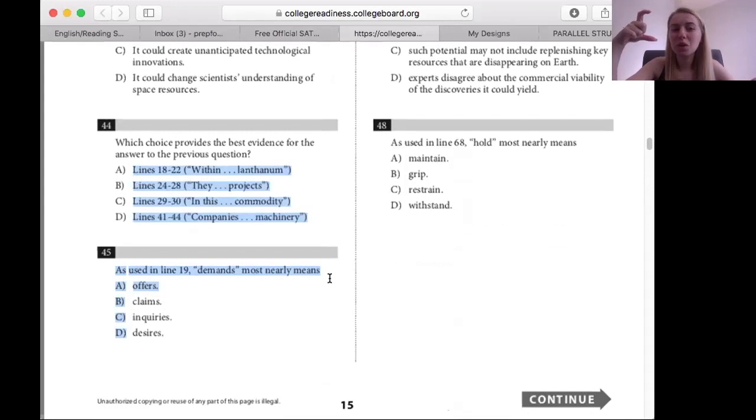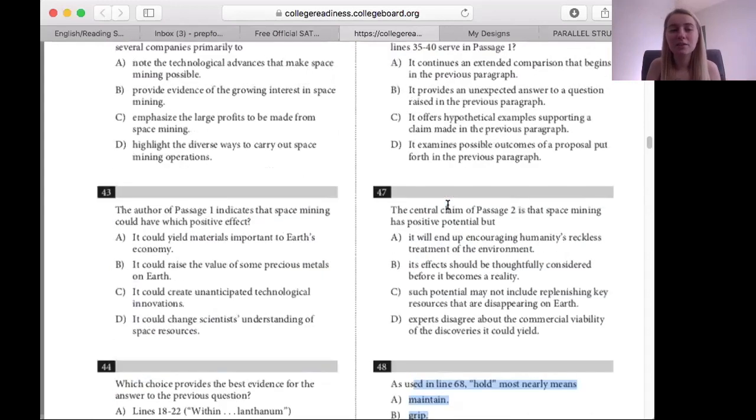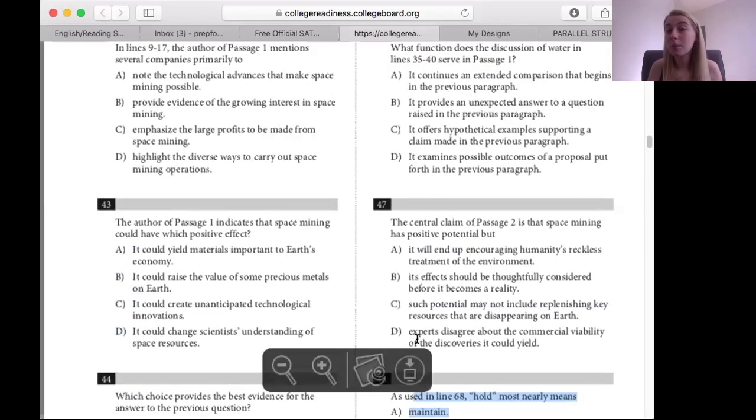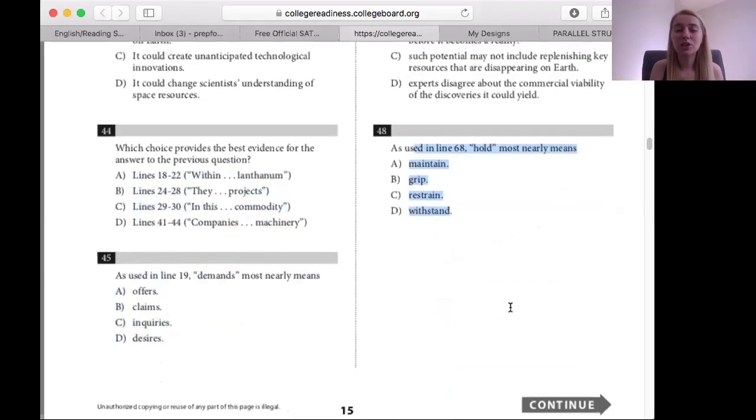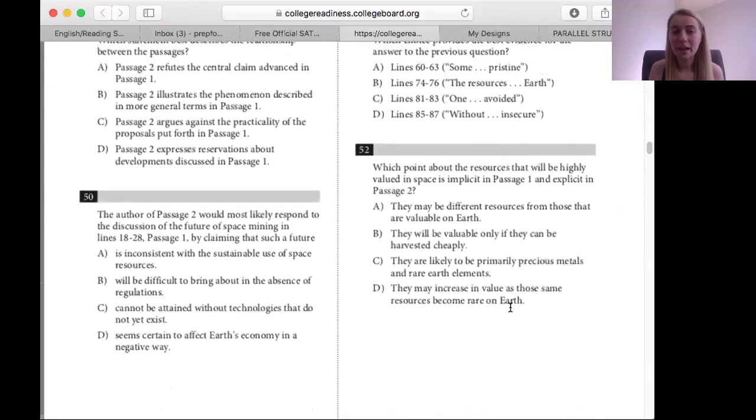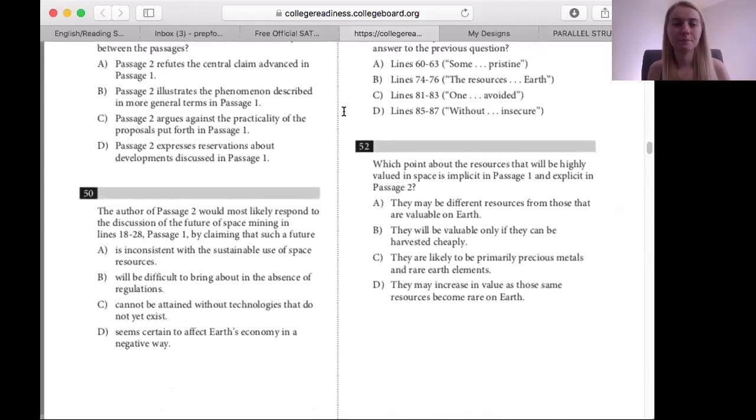I could read 3 or 4 lines and hopefully get the answer to what this word demand means in the sentence. Same with here, hold, what that means. So if I have 3 minutes left, hopefully I can at least answer those couple questions without having to read the whole entire passage. So that's a great strategy for speeding up time if you don't have enough time, essentially.